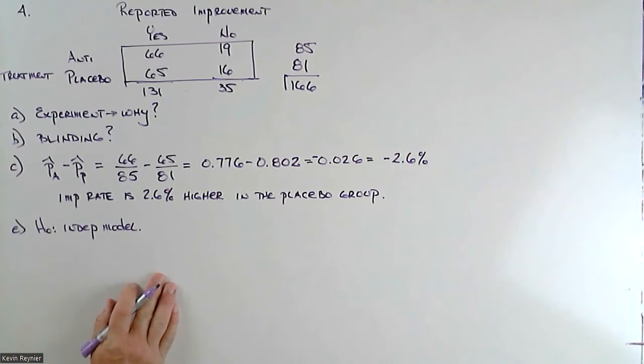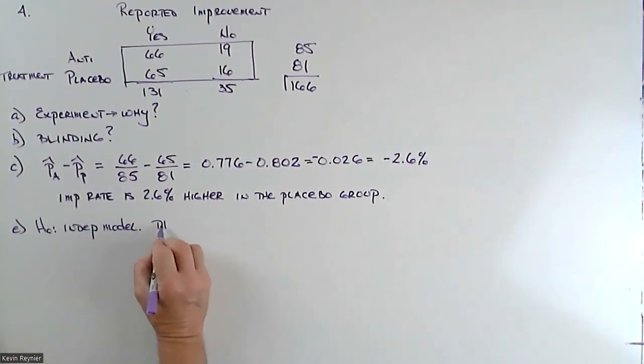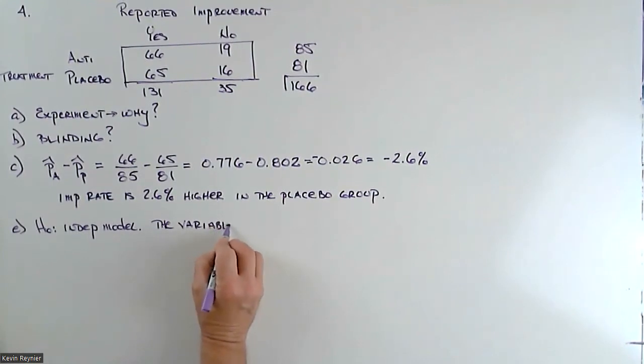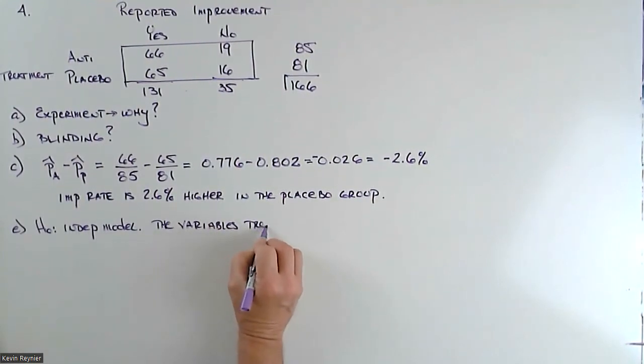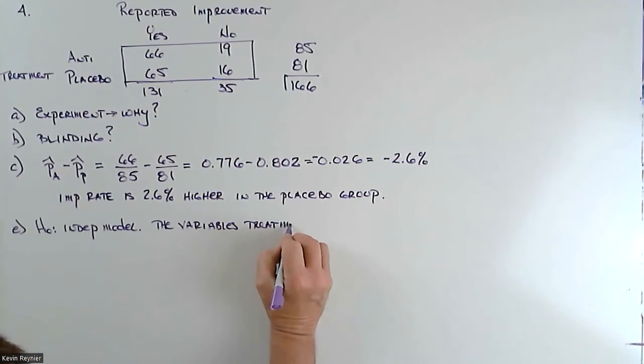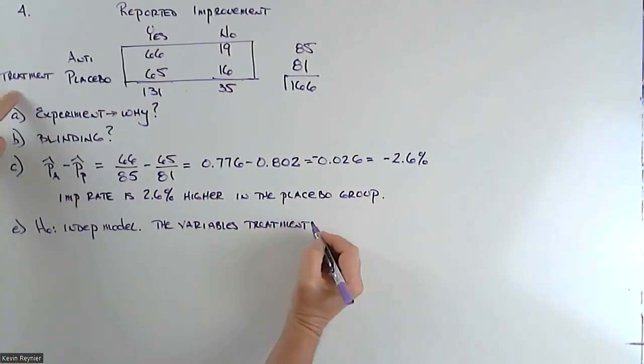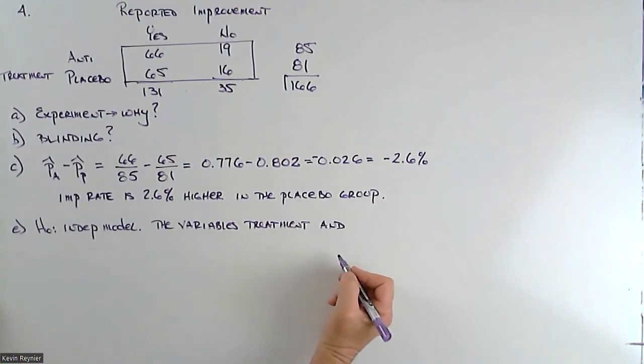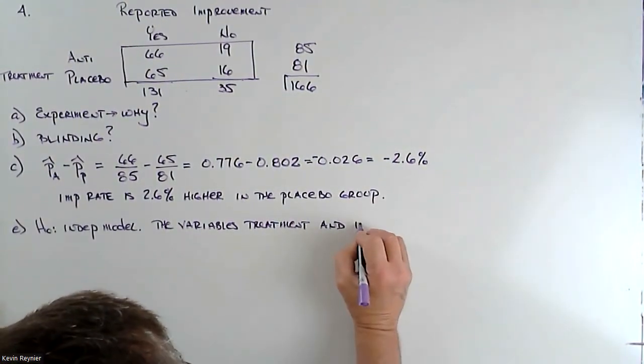Our null here is the variables treatment and improvement are independent.